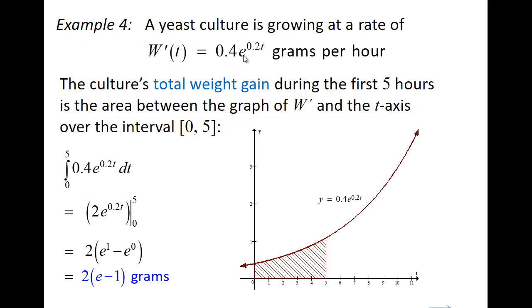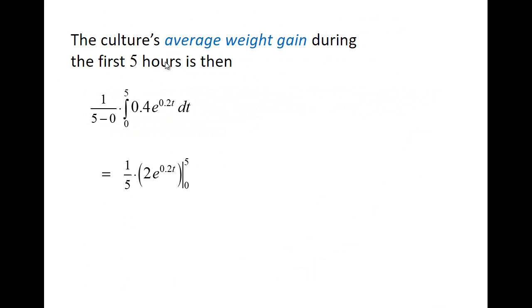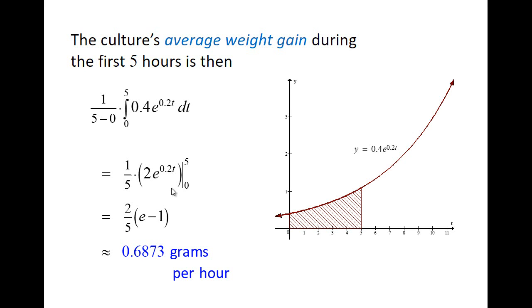Notice that right here we found the average value of W prime of t, so this integrand here is W prime of t, that's the rate of weight. So this is the average rate of weight that we found here. So let me make that clear. This is the rate of weight, and the average rate of weight is right at 0.6873.